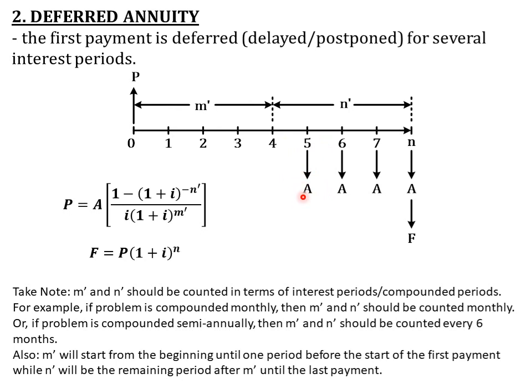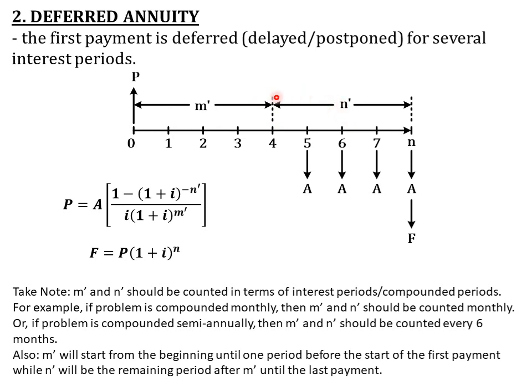Let's say your period is monthly. So 1 month before your first payment, that will be the end of your m prime. Let's say your period is semi-annually. So 6 months before your first payment, that is the end of your m prime. Let's say quarterly. So 3 months before your first payment, that is the end of your m prime.